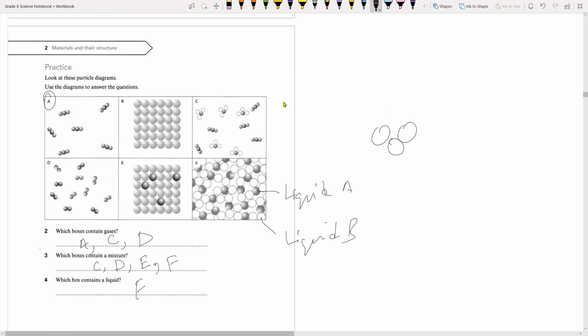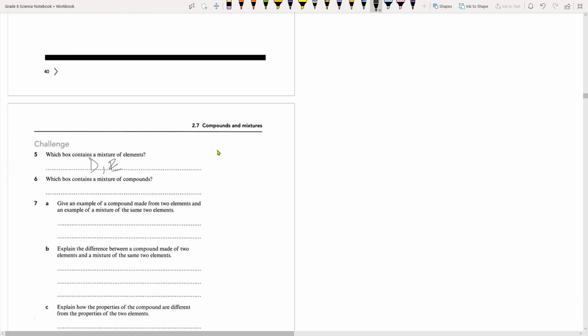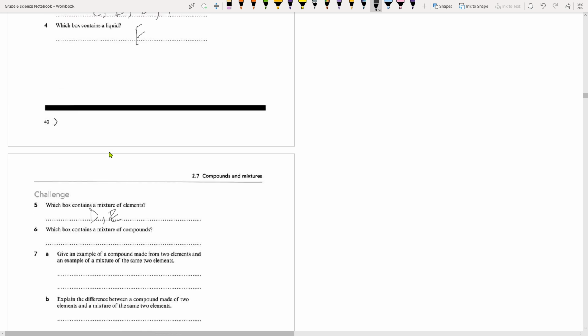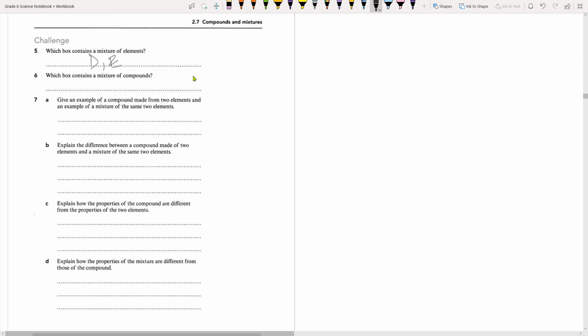Compounds are when different types of chemicals are mixed up. That would be this and this. These are different compounds mixed up together. And that's about it, because the rest are not compounds. So sorry, that was option C.